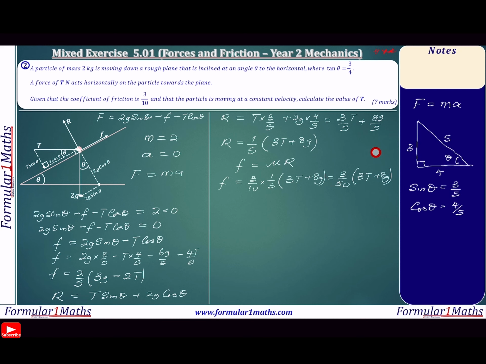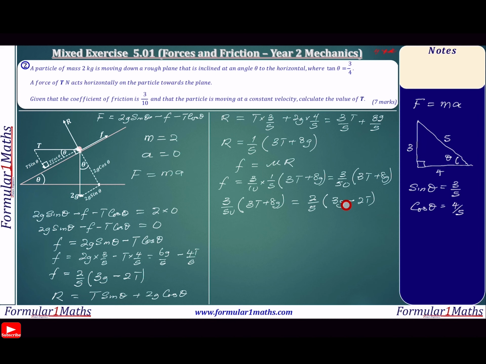So if we do that, we're going to get 3 over 50 brackets 3T plus 8g is equal to 2 over 5 brackets 3g minus 2T. I'm now going to multiply both sides by 50.